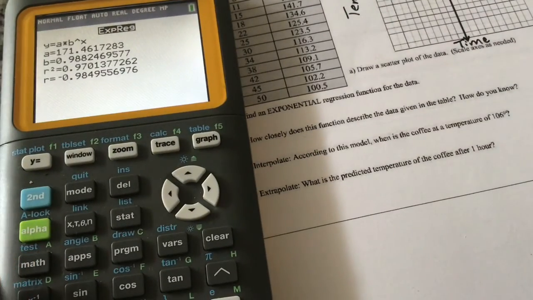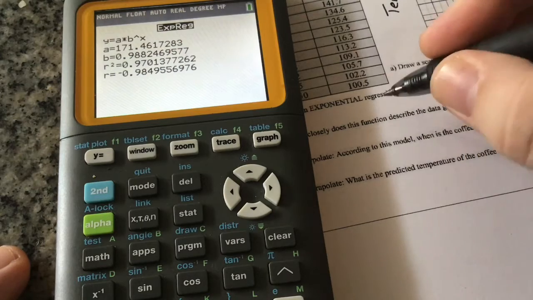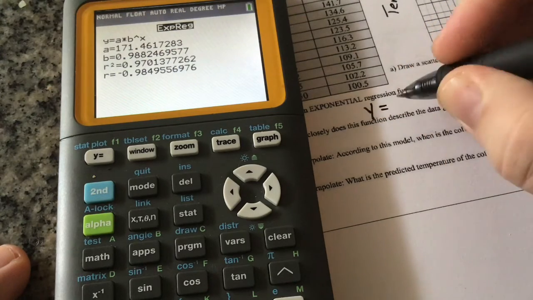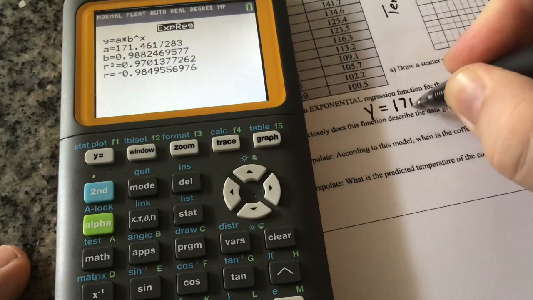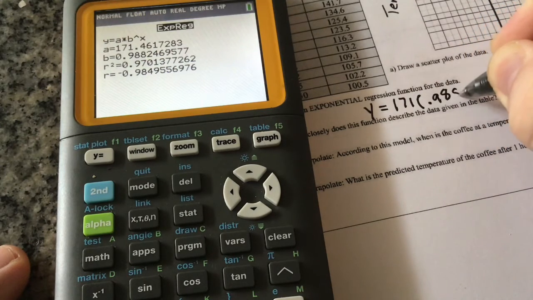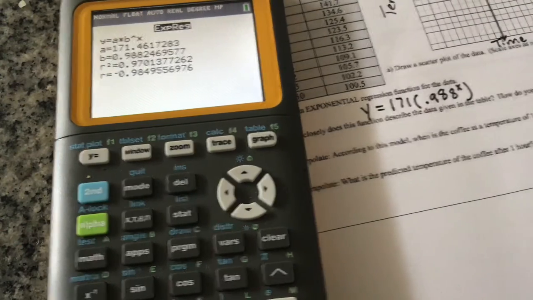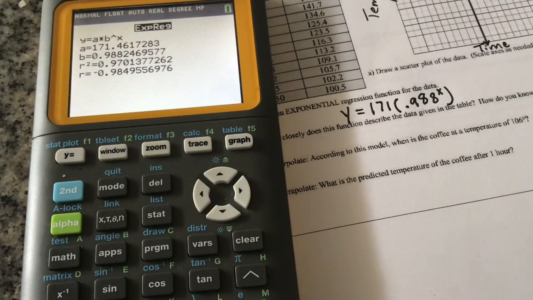Apologies, I am working with a relatively small span of space here. We get y equals 171 times 0.988 to the x power. And there is our exponential regression.